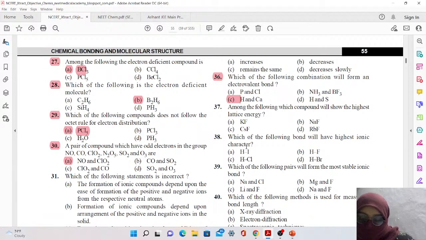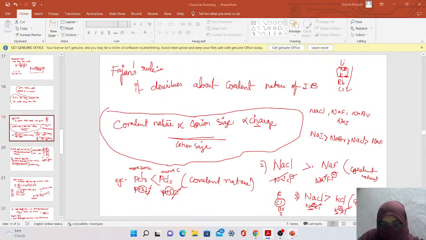So cesium cation size is more, covalent nature is less.